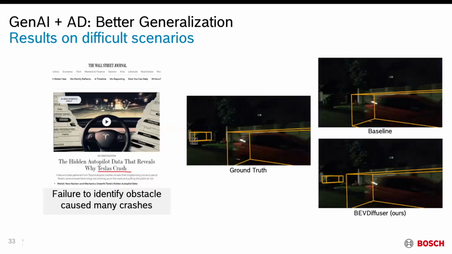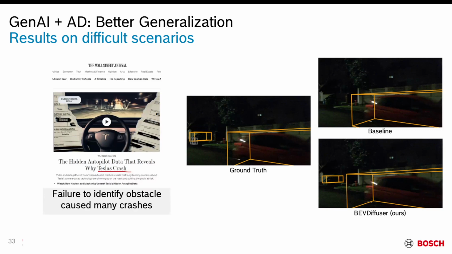I also want to show a qualitative result. If you are familiar with Tesla, they are driving around only based on camera, so it needs to actually detect those objects accurately. This is why we need to make sure that our model works really well. So the teacher needs to help the student, because the student is running the car. This is the ground truth.